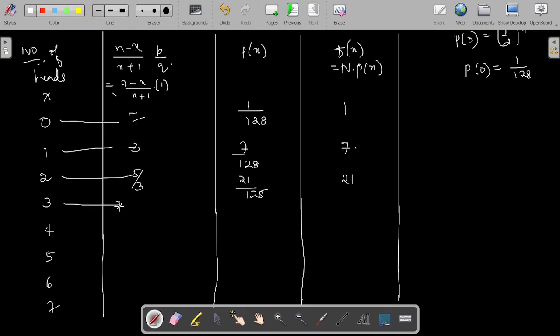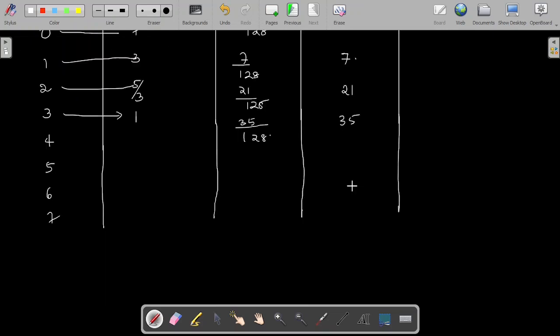Now for 3, put x equal to 3, this gives you the value 5 by 3. Then multiply these two, 5 into 21. That gives you finally 35 by 128. So this is 35.